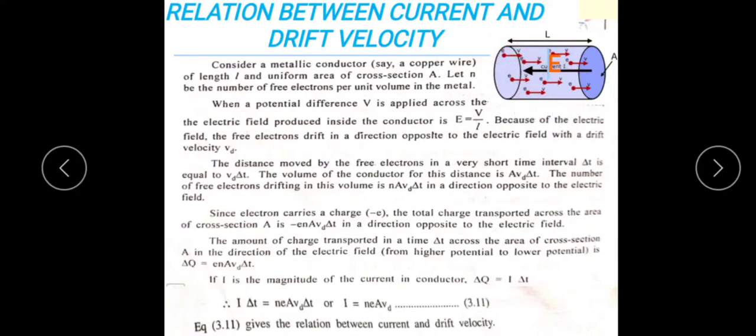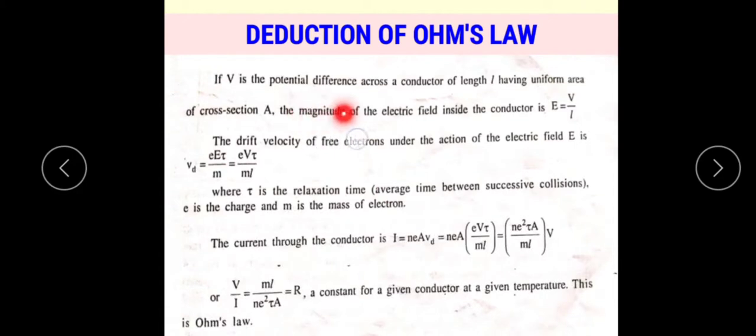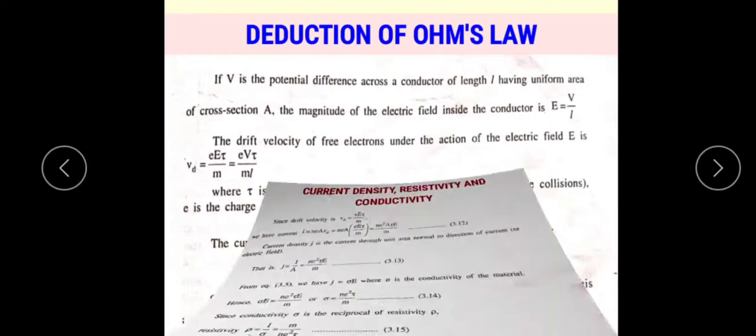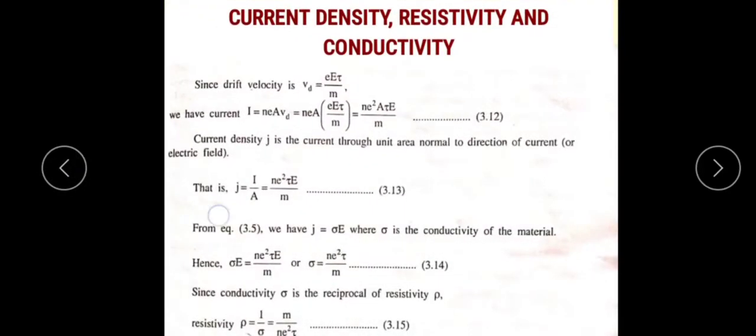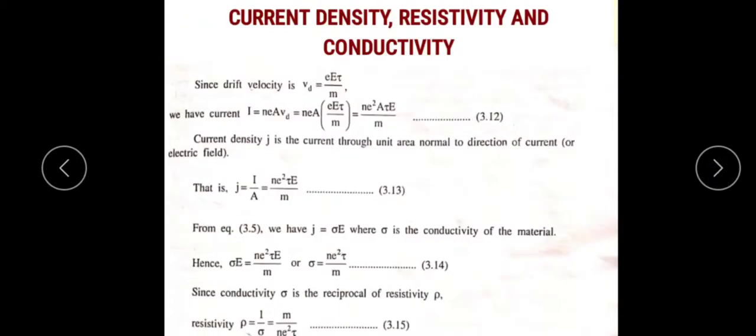After the application of the potential difference V, these free electrons drift towards the positive terminal with velocity Vd, the drift velocity. Let V be the potential difference applied across the ends of the conductor of length L.